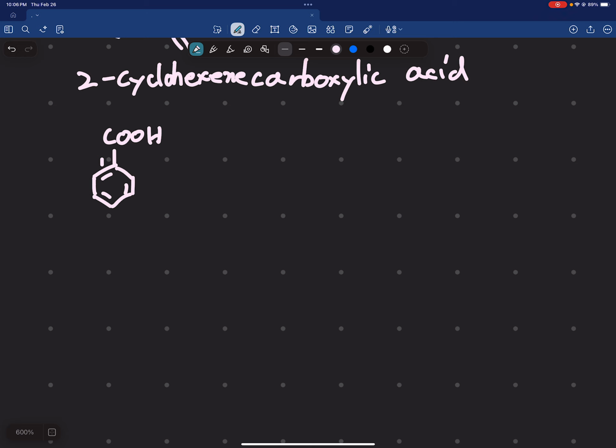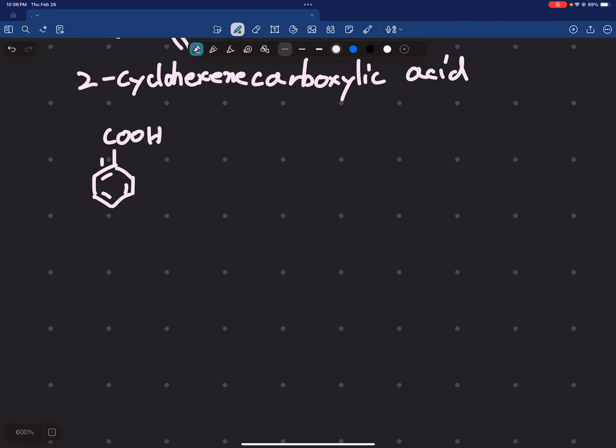So as you can see, if we have two carboxyl groups, the word dicarboxylic acid will be added to benzene.